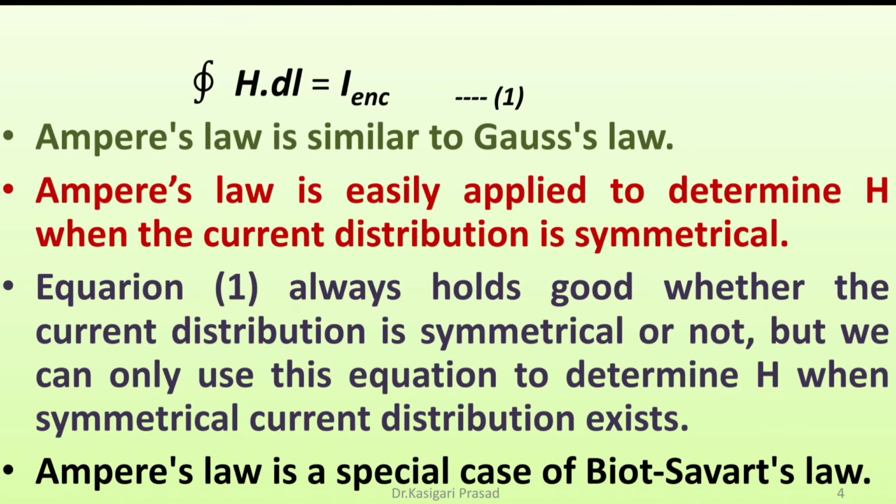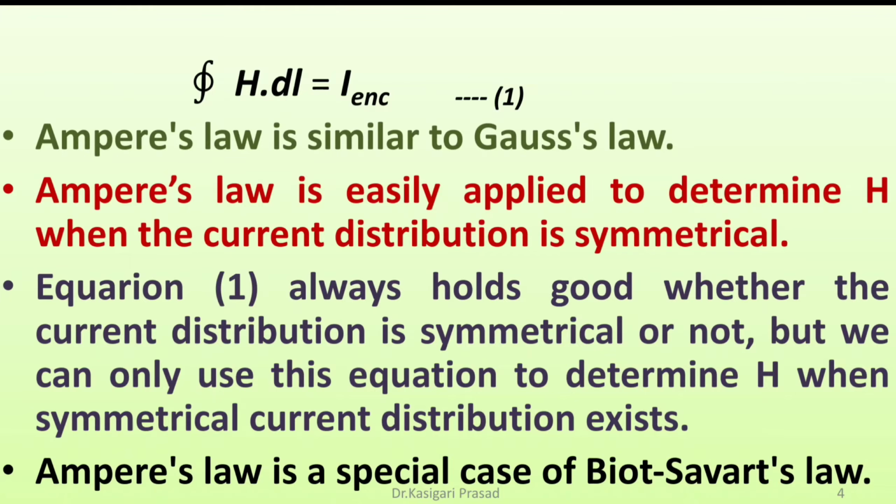And what are the observations from this equation? Ampere's law is similar to Gauss law. Ampere's law is easily applied to determine H when the current distribution is symmetrical, and this equation 1 always holds good whether the current distribution is symmetrical or not, but we can only use this equation to determine H when a symmetrical current distribution exists.